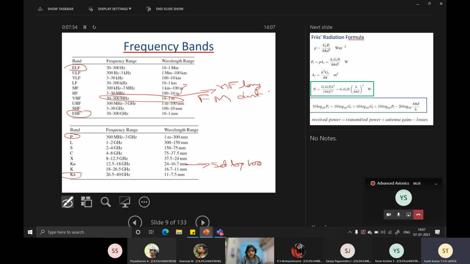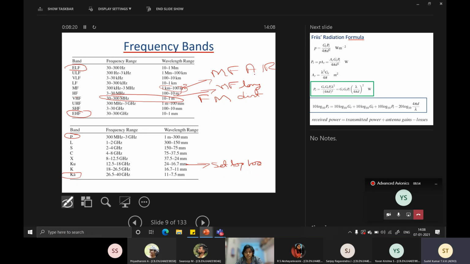So what I mean by long distance is, suppose you want to receive BBC or Voice of America, it always used to be the HF band. But if you want to have the local reception, All India Radio, that used to be in the MF band.